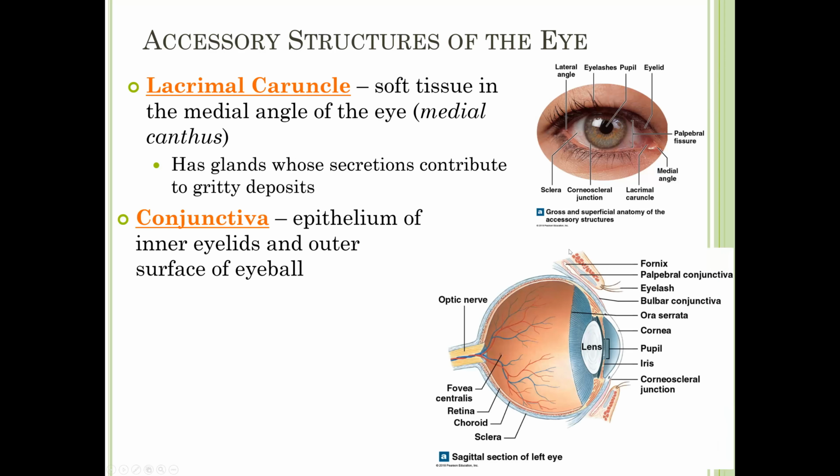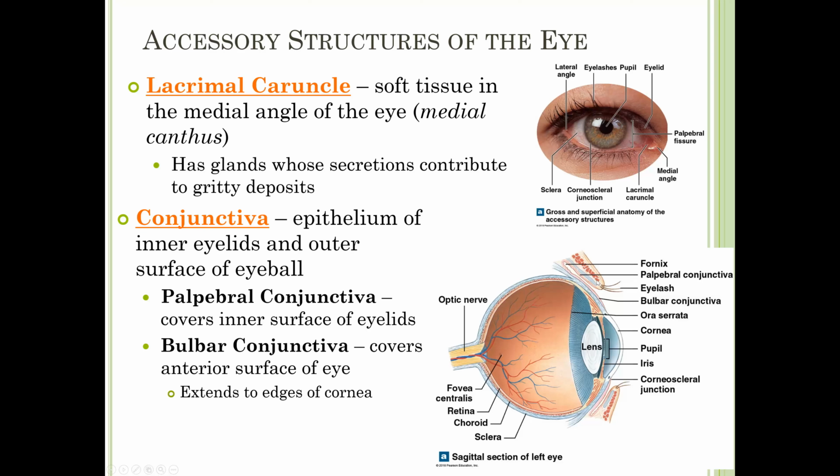The conjunctiva is the name of the epithelium that covers the inner eyelids and the outer surface of the eyeball. So we can divide it into two sections. There's the palpebral conjunctiva, which covers the inner surfaces of the eyelid. So if you lift up your eyelid and look underneath it, you would see the palpebral conjunctiva.